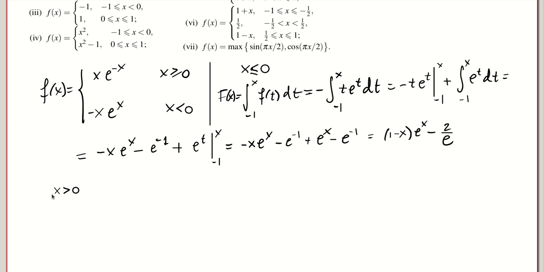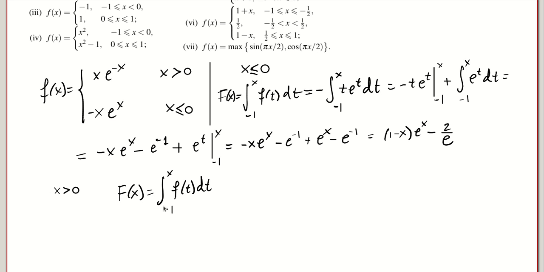Let me write this to be consistent with the previous case. It doesn't matter much, but it will help now. So x is larger than 0 now, and then we have to calculate capital F using the same integral from -1 to x of f(t) dt.